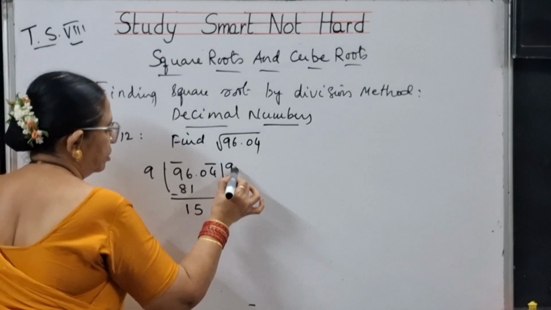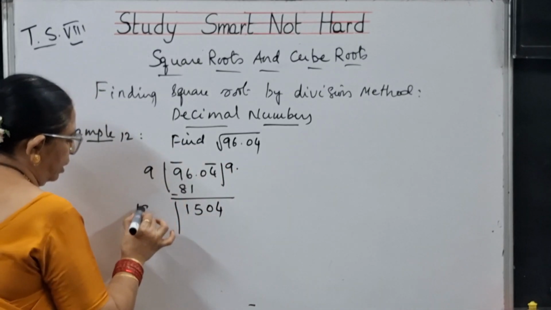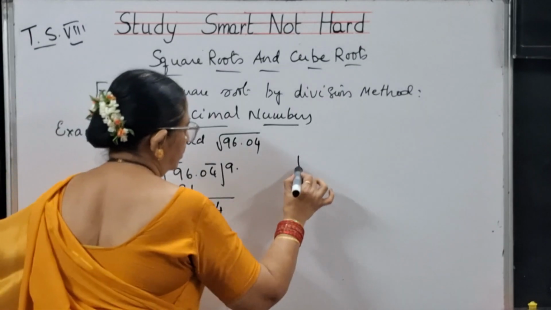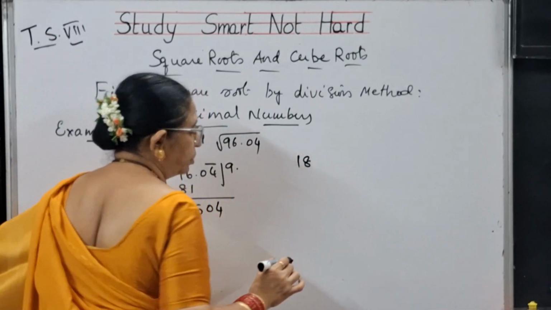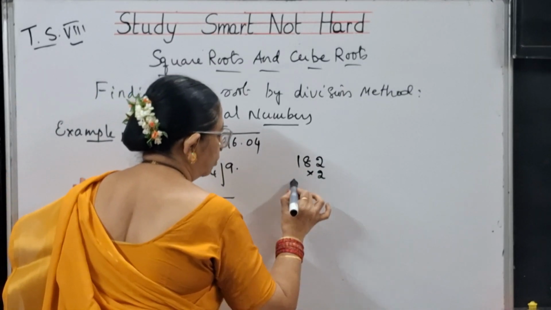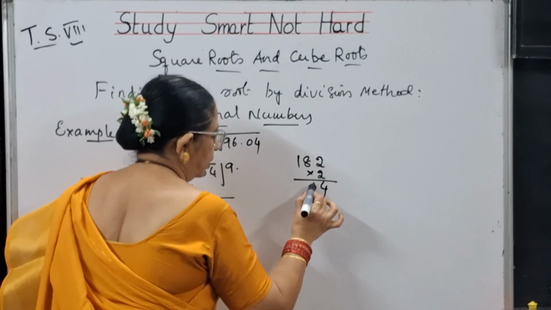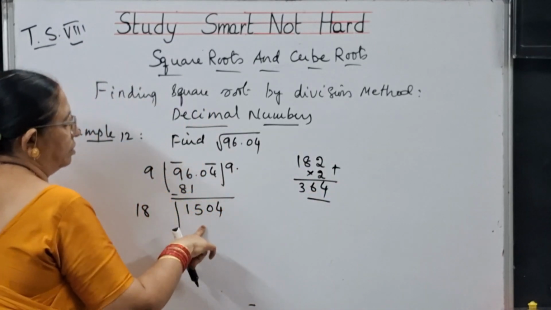Now this decimal goes here. 04 I am taking. 9 twos are 18. So with this 18, units digit 4. So you will be having 2 twos are 4, 8 eights are 64. So if you do it with 2, 2 twos are 4, 2 eights are 16, 2 ones are 2, 1, 3. 364 is a very small number.